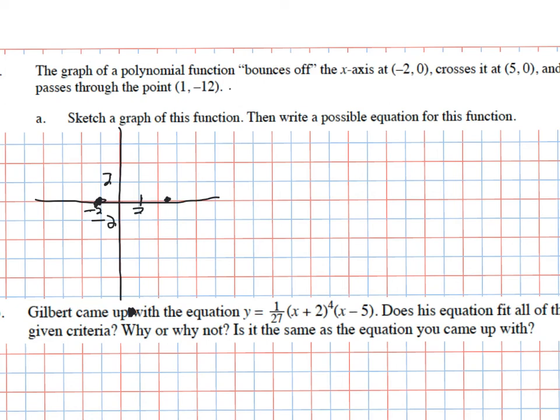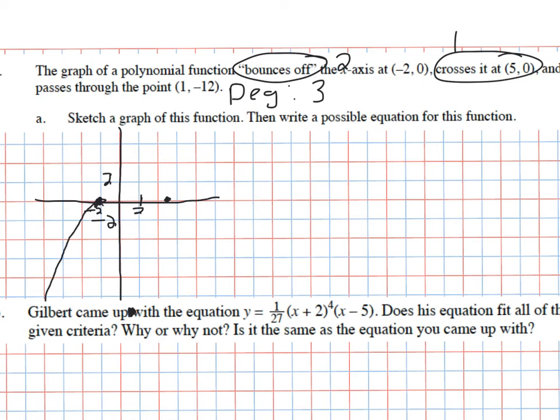The degree of this polynomial is going to be 3 because it bounces off, that gives me 2 factors, and it crosses or passes through, that gives me 1 factor. Odd degree polynomials, like the S-curve for the equation y equaling x cubed, always start low.